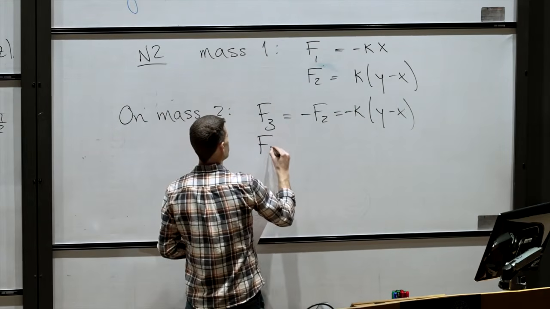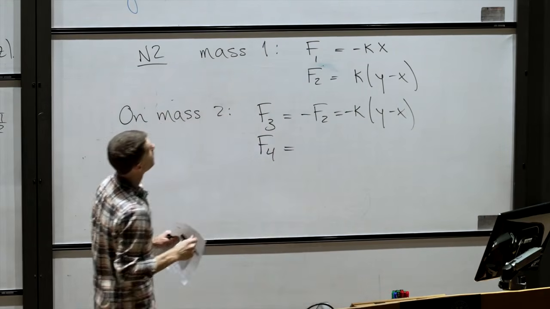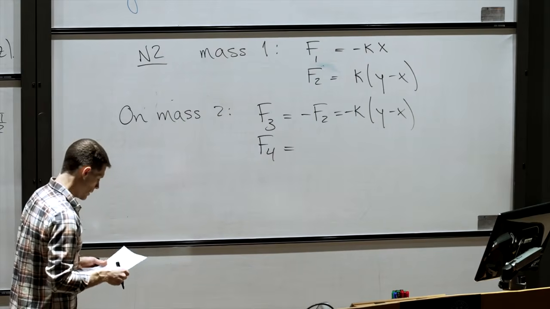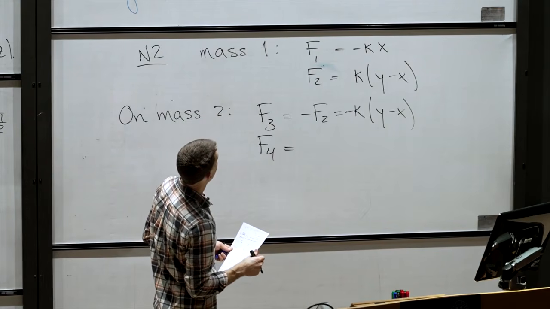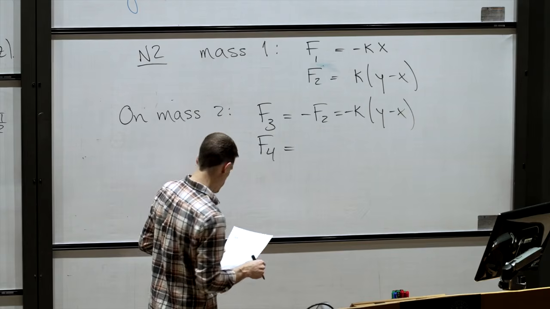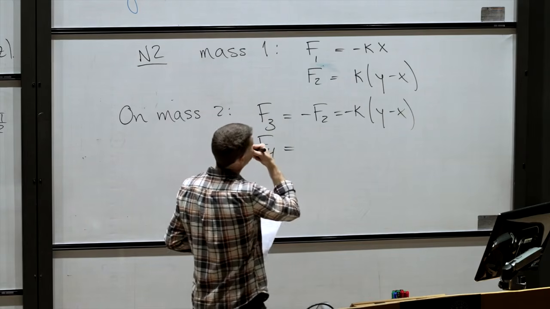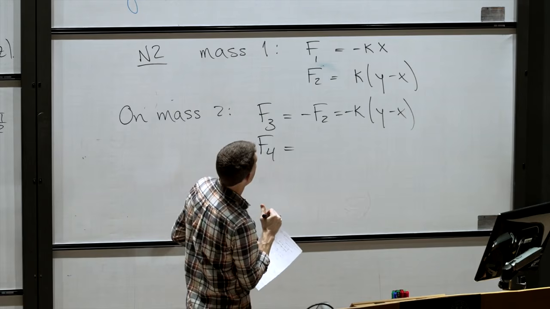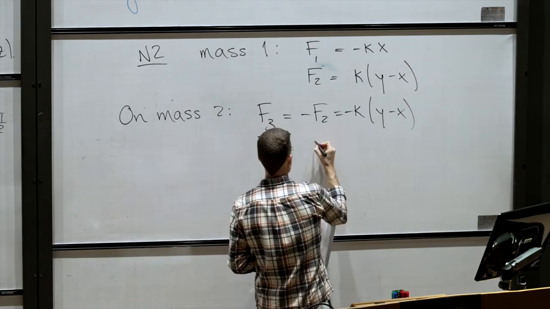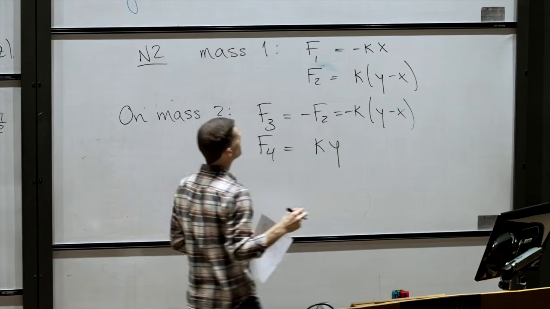And then F4, the final spring, pulls on the mass. Since y is the displacement there, that one ends up being like a k times y.